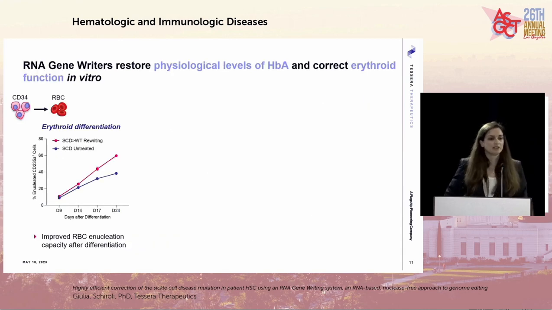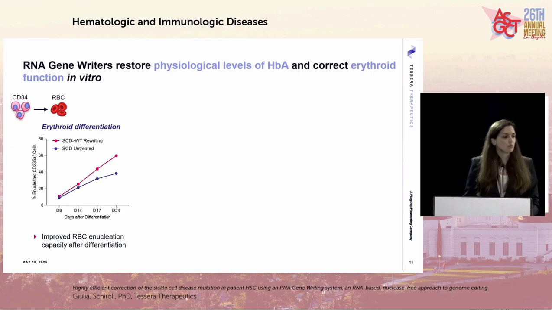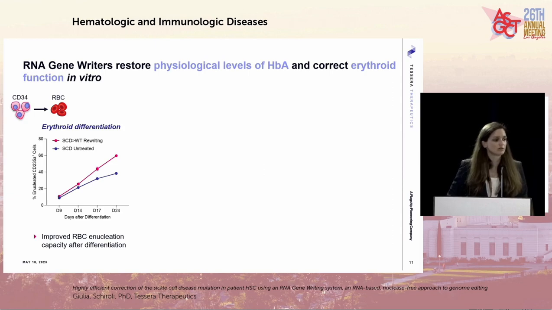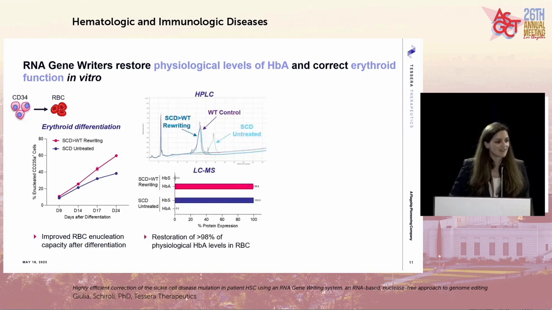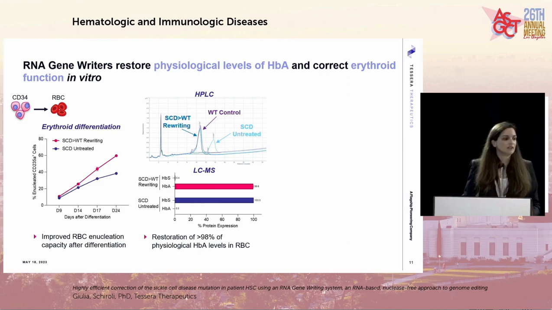We then went on and tried to validate the functionality of our corrected cells by performing differentiation into RBC assays. By performing erythroid differentiation, we were able to see that our edited cells actually have an advantage and produce more mature cells as compared to sickle untreated ones. By performing molecular characterization of the levels of HBS and HBA, we were able to observe that we are able to restore 98% of physiologic levels of HBA, completely abrogating the production of the HBS.